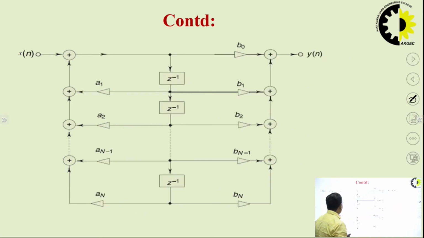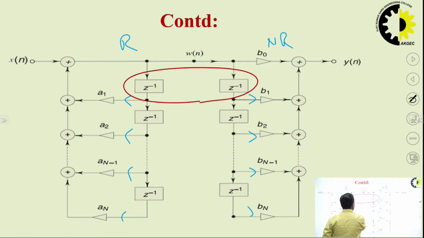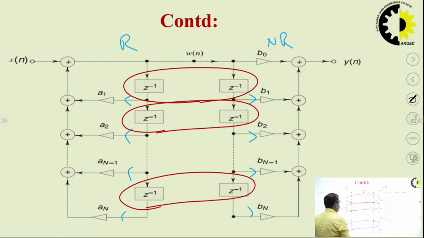Here is one interesting thing that you will find in this diagram. If you combine this delay element into a single one, similarly this one, similarly this one, your delay elements are just reduced to half.